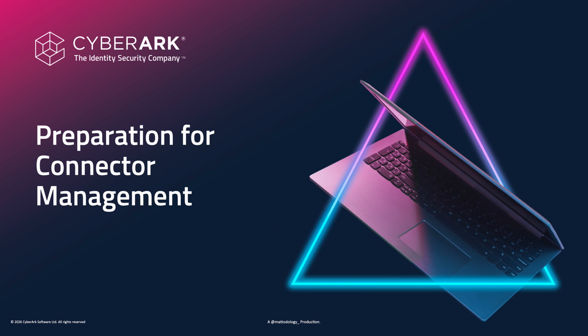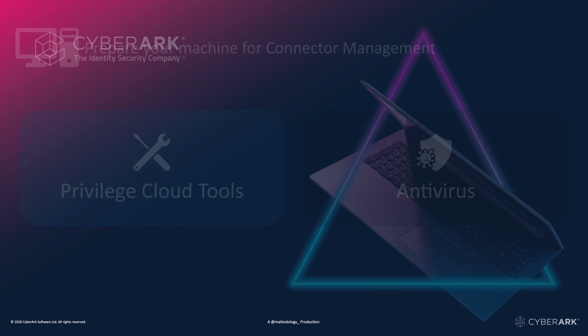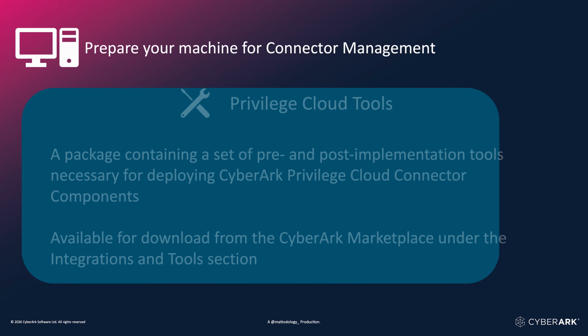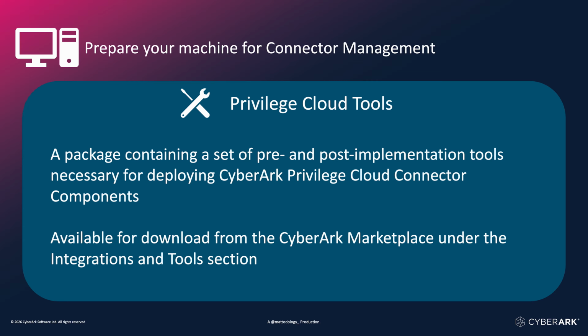Next, let's prepare your machine to deploy the Connector Management Agent. Download the Connector Management Prerequisites check script, which is included in the Privilege Cloud Tools package. First, obtain the full Privilege Cloud Tools package from CyberArk Marketplace and store it in a dedicated folder for easy access.